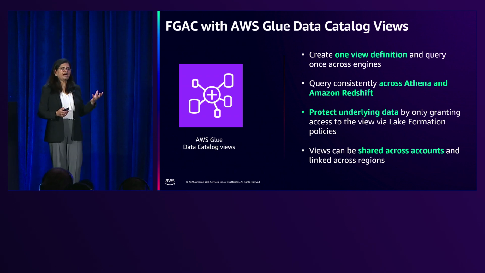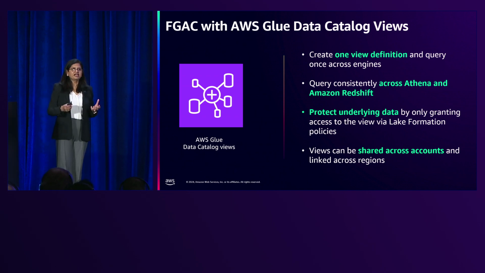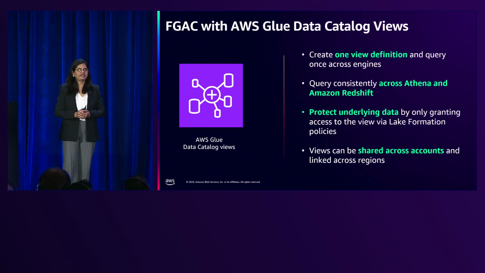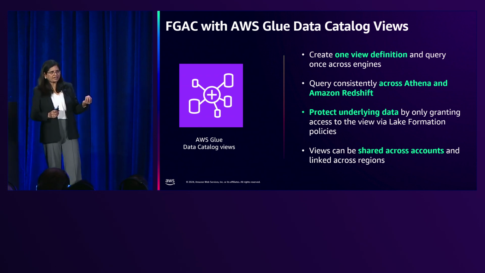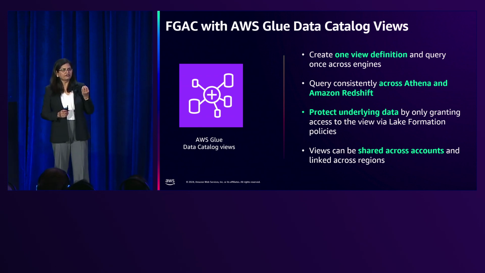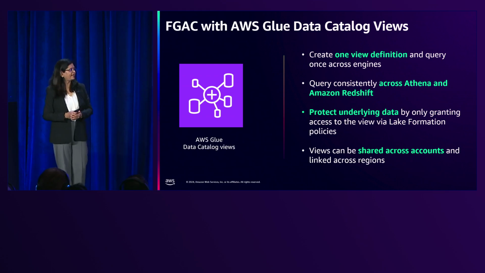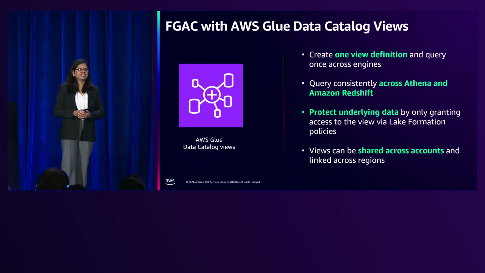And so the idea behind the views is for you to define these views once and be able to query these views from multiple engines of your choice. And you can protect the data through the base tables as well as through views using fine-grained access controls defined in Lake Formation. And these views can be shared across accounts and also linked across regions.